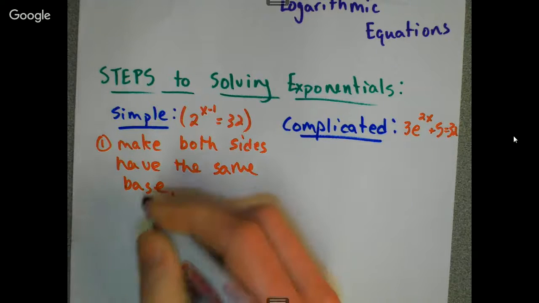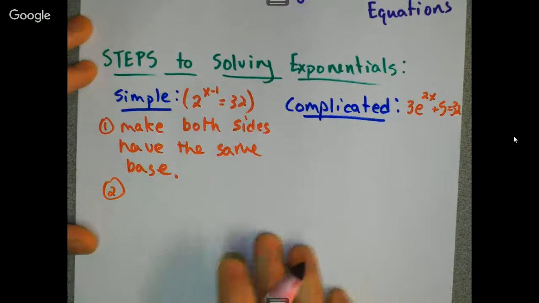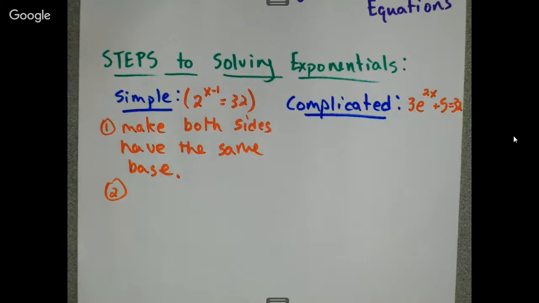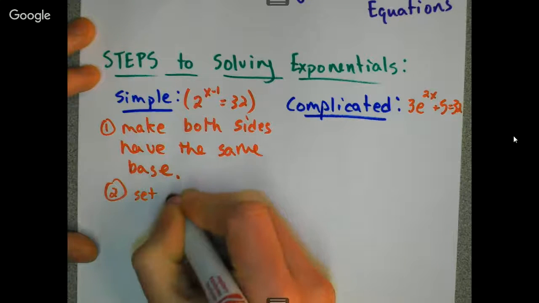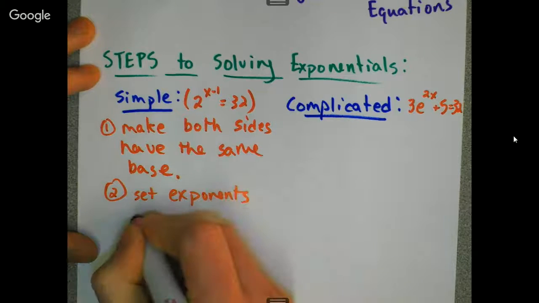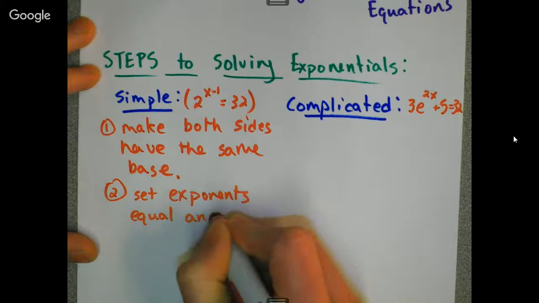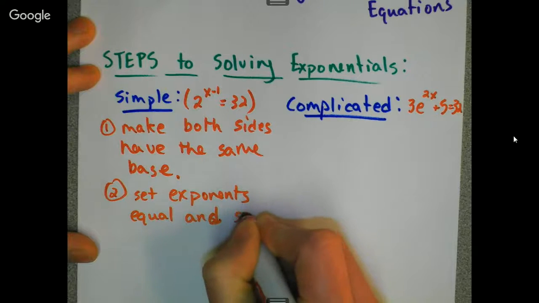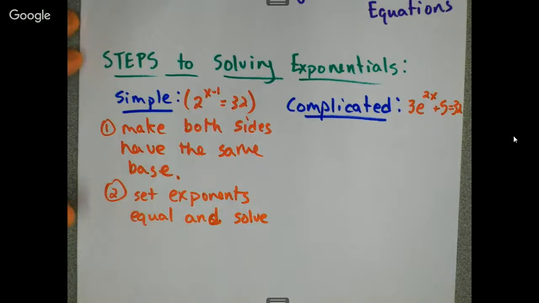And if the bases are the same, we can set the exponents equal to each other. So we'll set the exponents equal to each other, and then we will solve it.